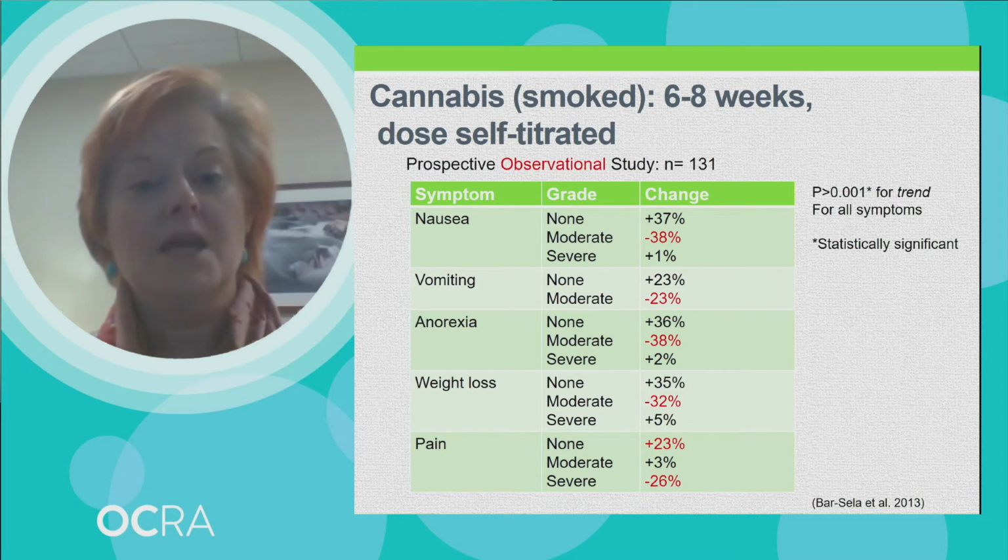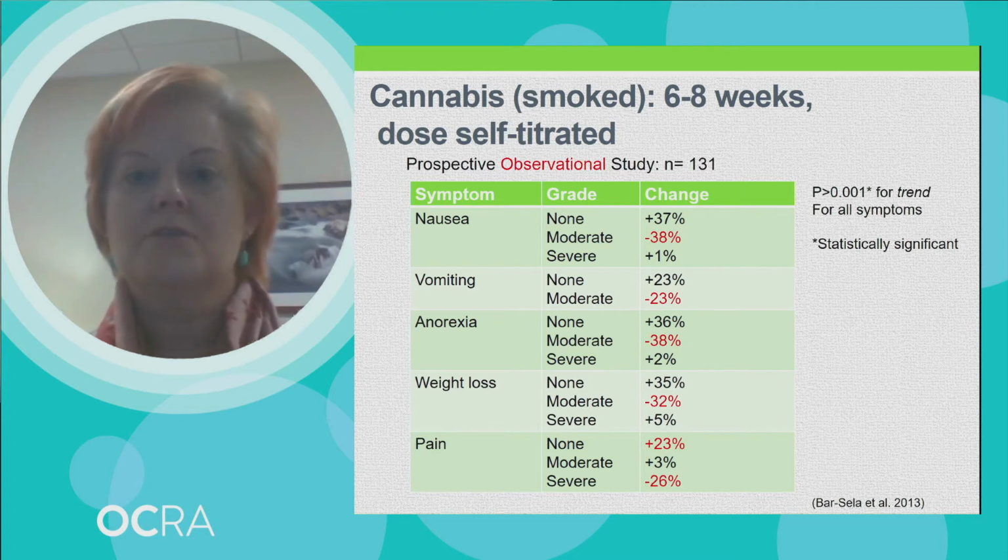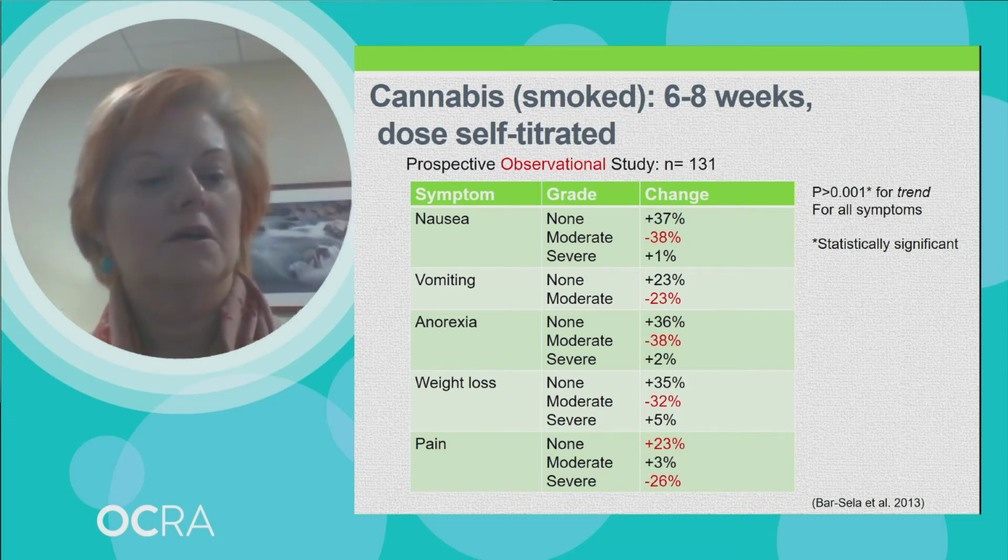When it comes to pain, what you're seeing is that a large number of people with severe pain actually are ending up having a lot less severe pain, either no pain or only moderate pain. So this is not considered necessarily a gold standard for study, but it does give you an idea that when people are able to adjust their own dose, they may have more significant improvements in the side effects they're trying to manage.